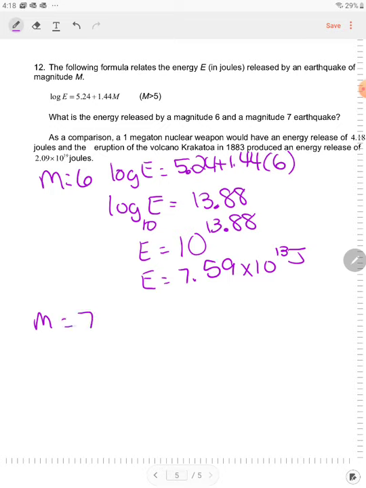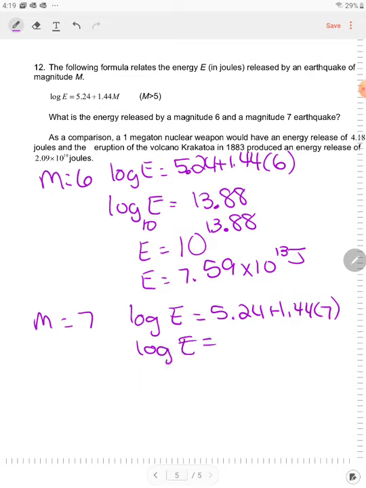For M equal to 7, again, plug in 7 for the M value. So log E is equal to 5.24 plus 1.44 times 7. Log E is equal to a number. Let's see, and that is 15.32.